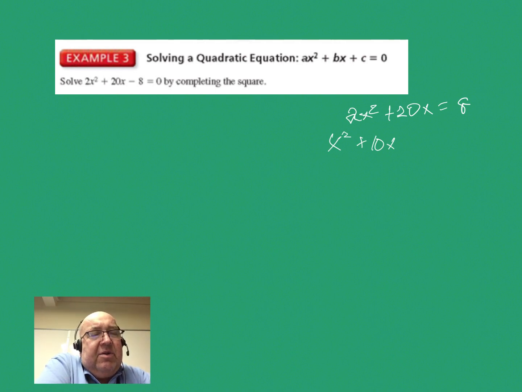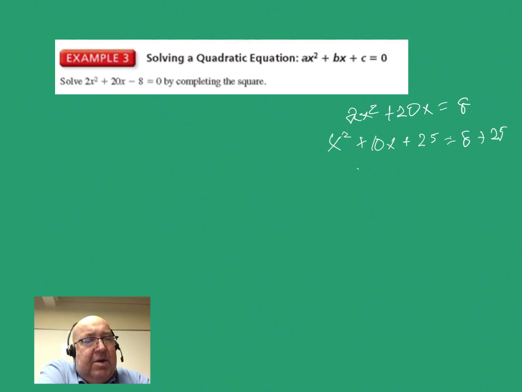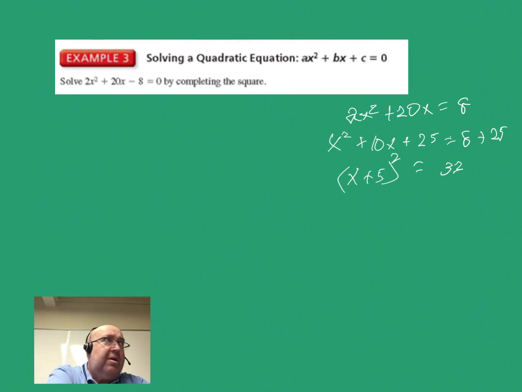I'm going to go ahead and do this. Plus 25 equals 8 plus 25. And we're going to get x plus 5 squared equals 33. And we can go x plus 5 after we take square roots. Square root of 33 is going to be about 5.5.